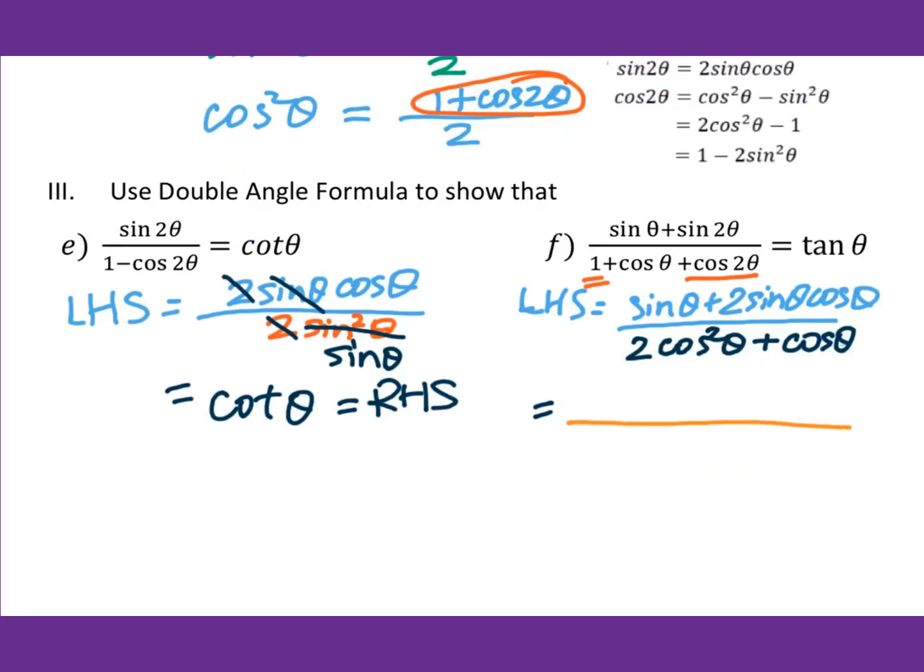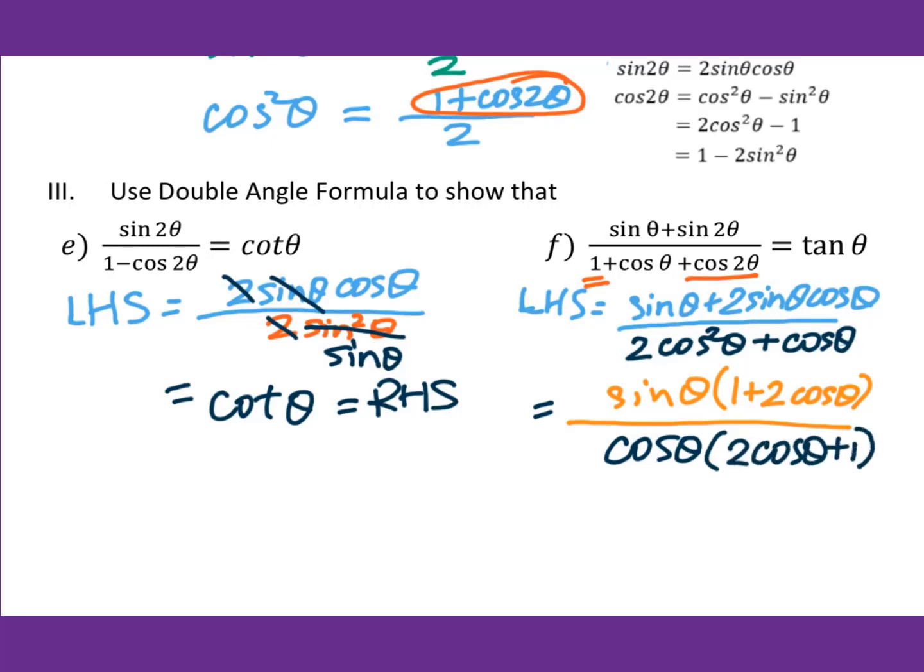For the numerator, sine theta will be the common factor, so I got 1 plus 2 cosine theta. For the denominator, cosine theta will be the common factor, so I got 2 cosine theta plus 1. Then reduce, sine theta over cosine theta, that's tangent theta. That's the right hand side.